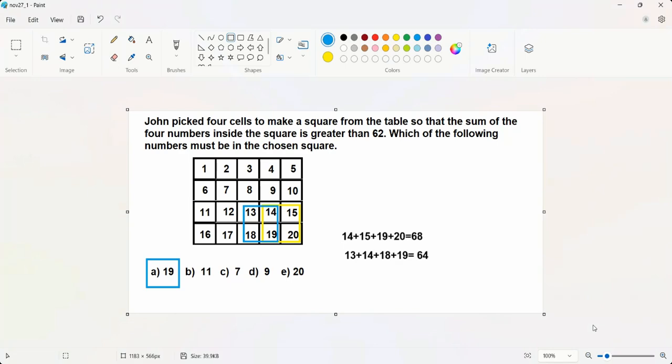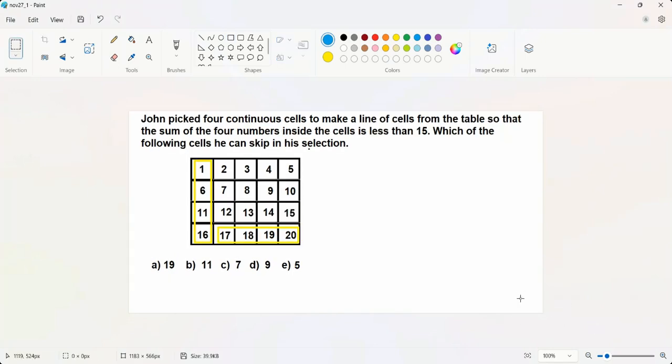So here you can see John picked four continuous cells to make a line of cells from the table, so that the sum of the four numbers inside the cells is less than 15. Which of the following cells he can skip in his selection?